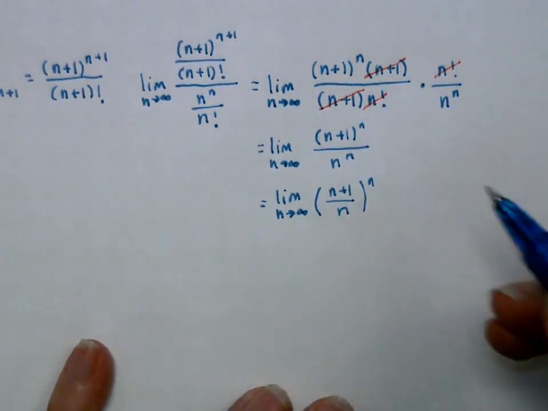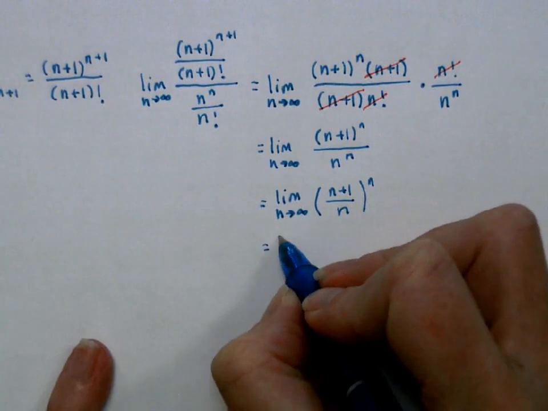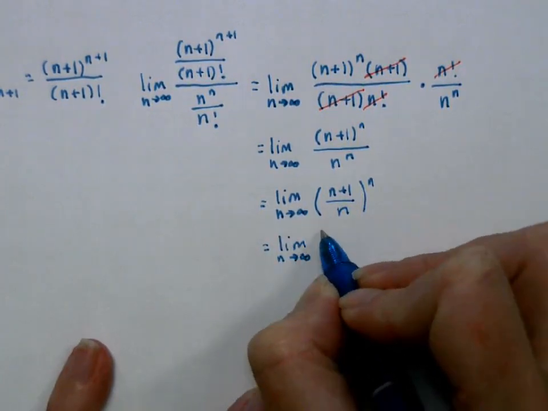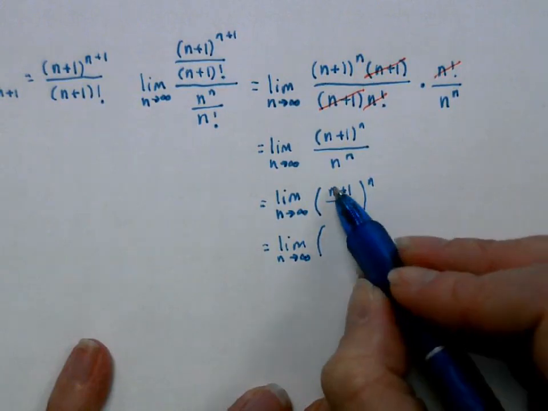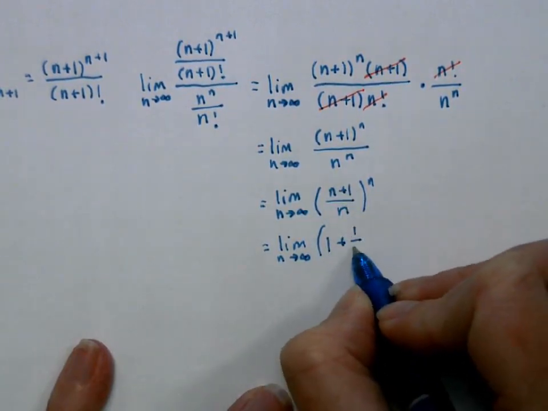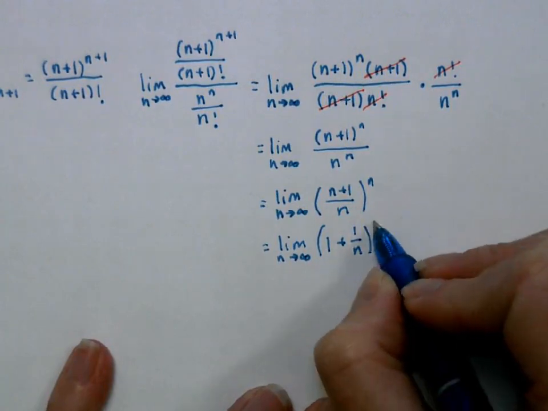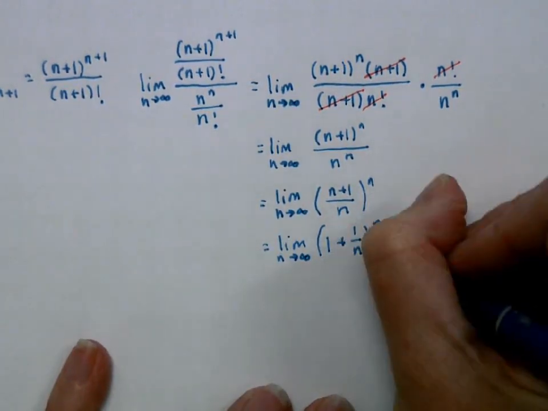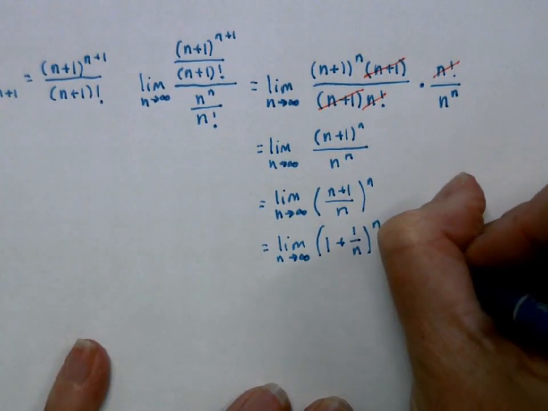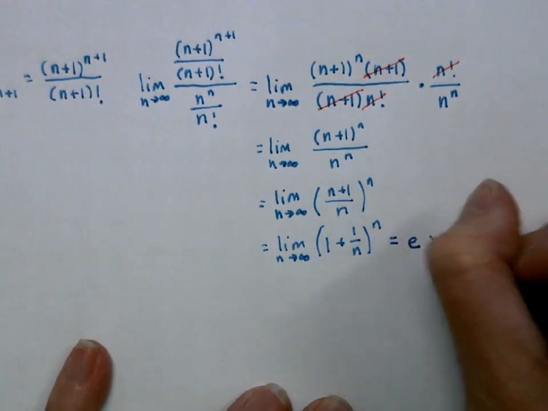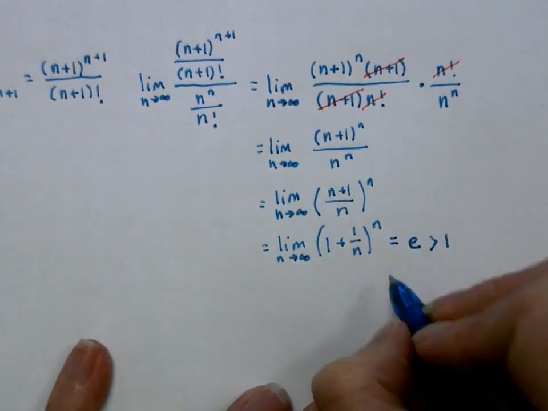Still, what is that? This is actually a limit that we've seen before. n over n is 1, 1 over n is 1 over n, so we have 1 plus 1 over n to the n. This is a very specific limit. This gives us a value of e. e is about 2.718, which is greater than 1. So this series diverges.